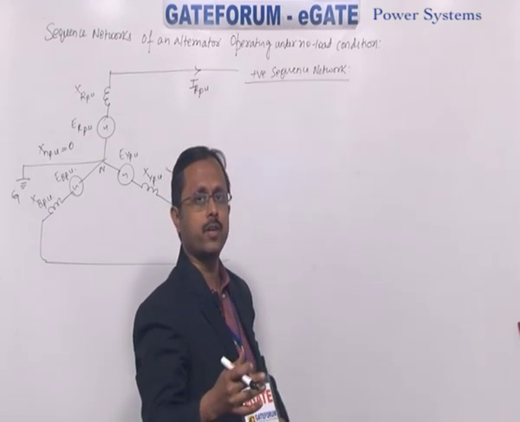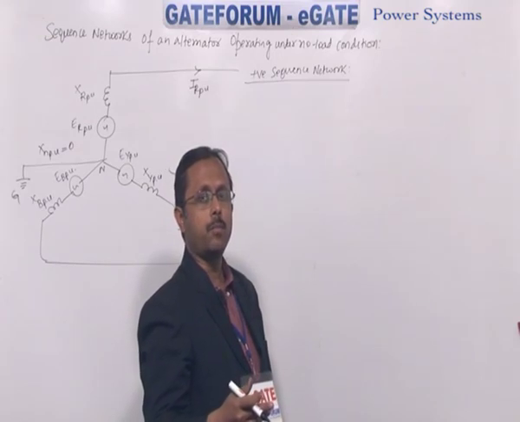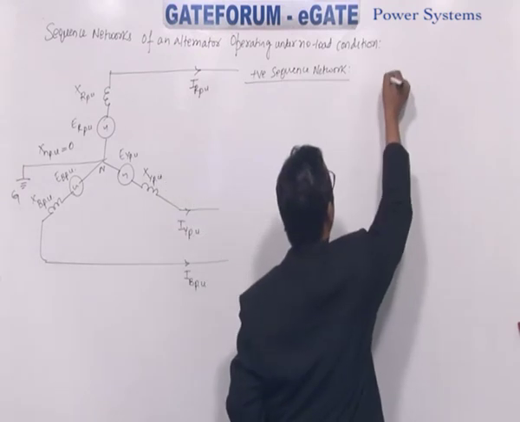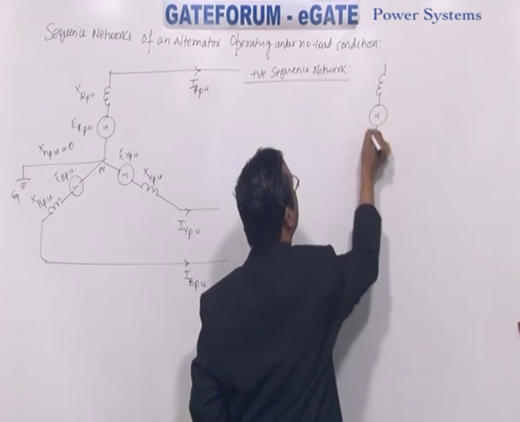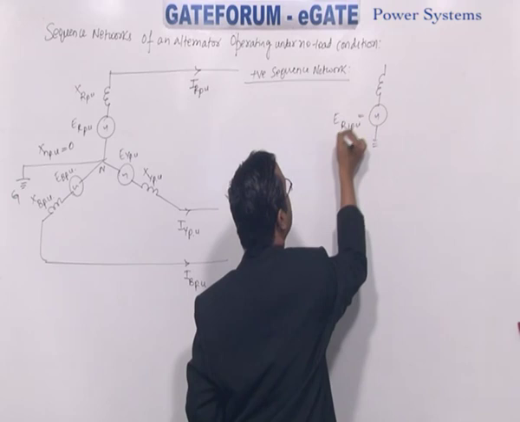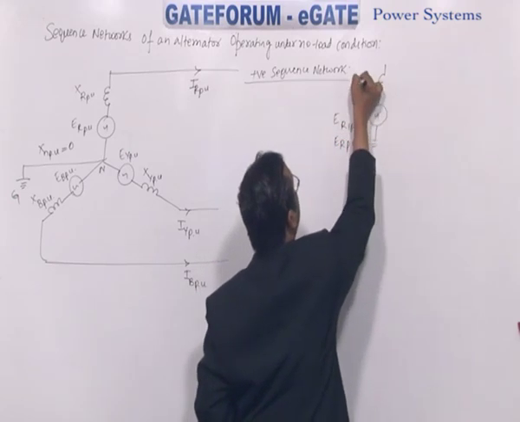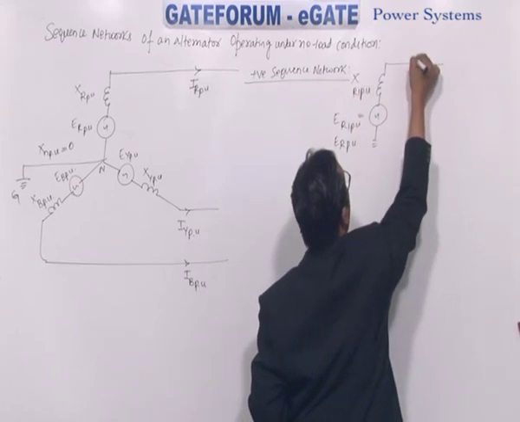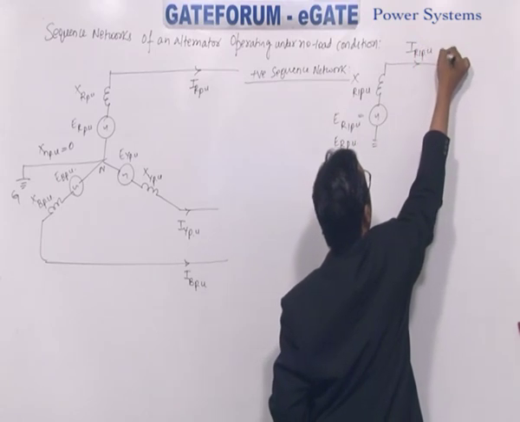So represent this one. How much is ER1 per unit? It is equal to ER per unit. And here XR1 per unit, say the positive sequence current IR1 per unit.